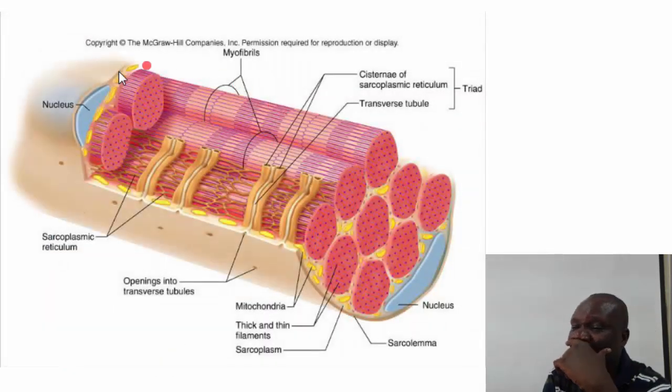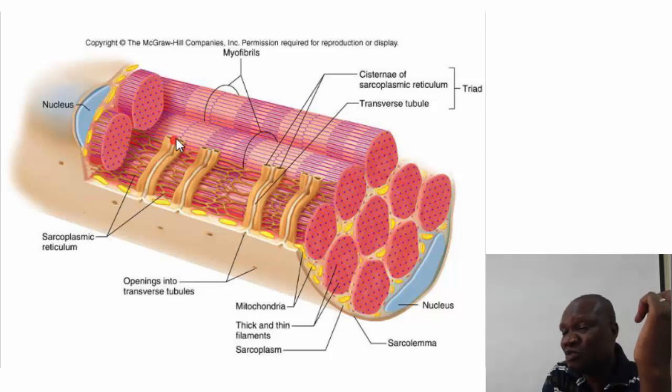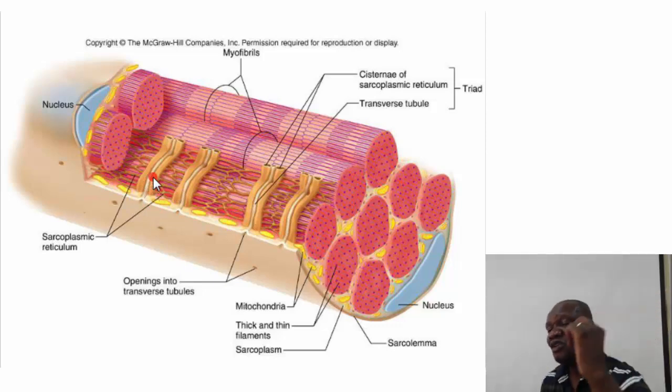Now the whole muscle fiber is surrounded by a sarcolemma. So that's our sarcolemma. And in the sarcolemma, we have the T-tubules, invaginations that get into the cell. We have our myofibrils, which are surrounded by the sarcoplasmic reticulum. Then we have the T-tubules being sandwiched between two terminal cisterns to form the triad.